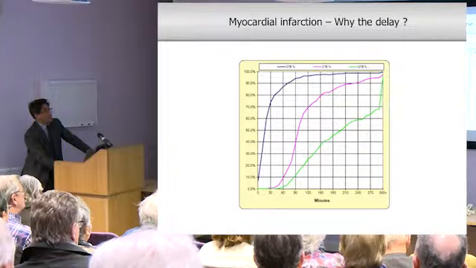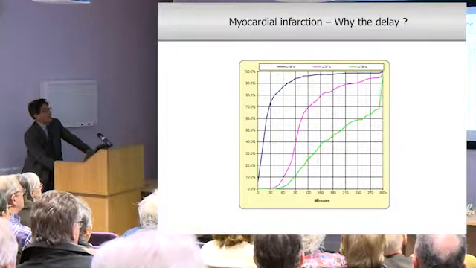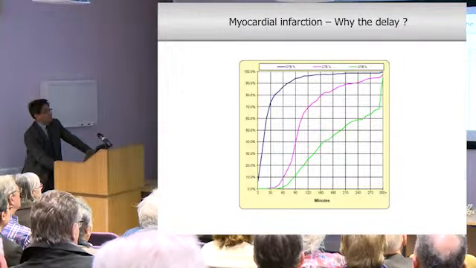The purple line is the relationship between the call to the ambulance service and the delivery of treatment. And the blue line reflects the time elapsed between the patient crossing the hospital threshold and having an effective treatment.